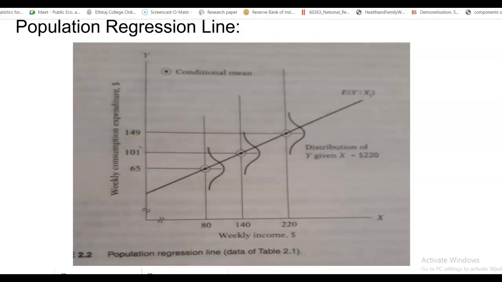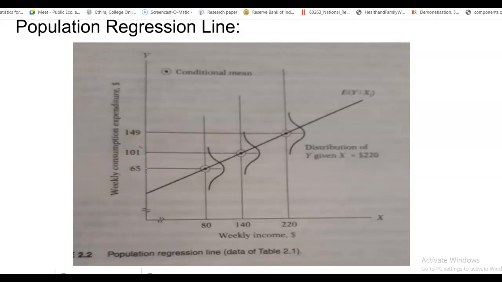Average means we add all the consumption expenditures and divide by 100 people. So that is this conditional mean. It is conditioned on what? It is conditioned with respect to the income. So given the income as 80, the average consumption expenditure is considered to be $65. That is the conditional mean.